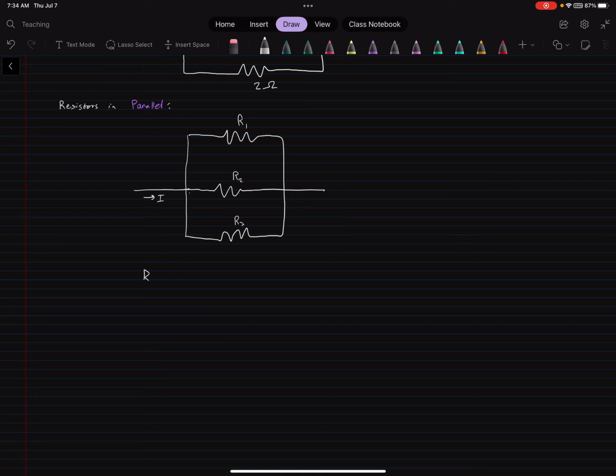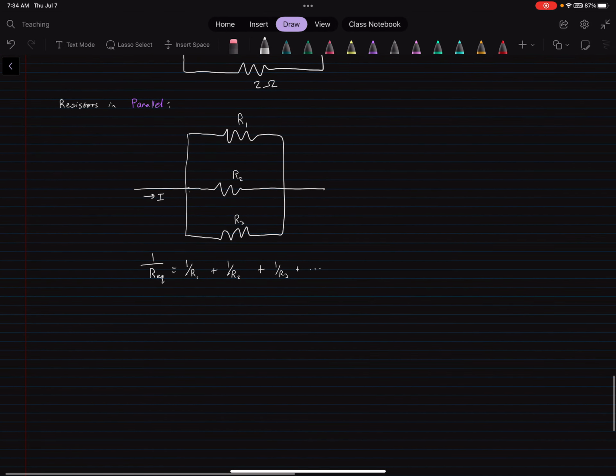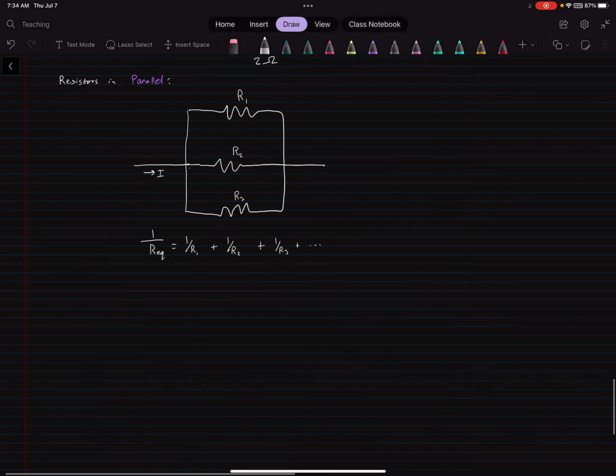So for resistors in parallel, we have 1 over R equivalent being equal to 1 over R1 plus 1 over R2 plus 1 over R3, and so on. Kind of bizarre, right? The first one was pretty straightforward, but this is definitely different, right? So when you add this up, that doesn't even give you R equivalent. Mind the fact that R equivalent is inverted, right?